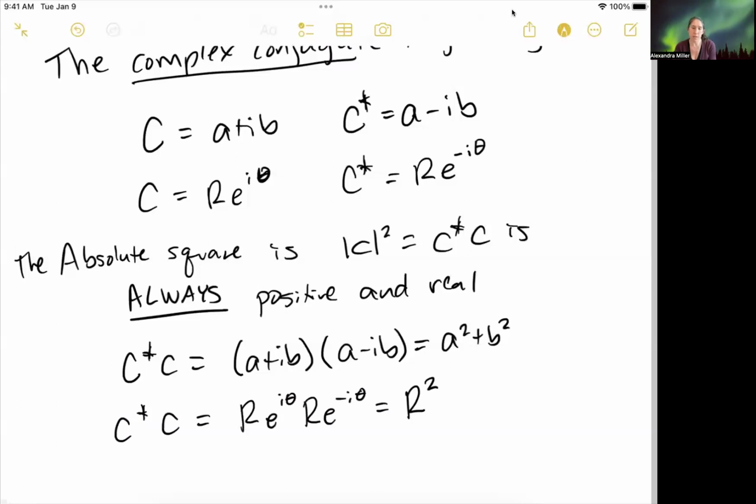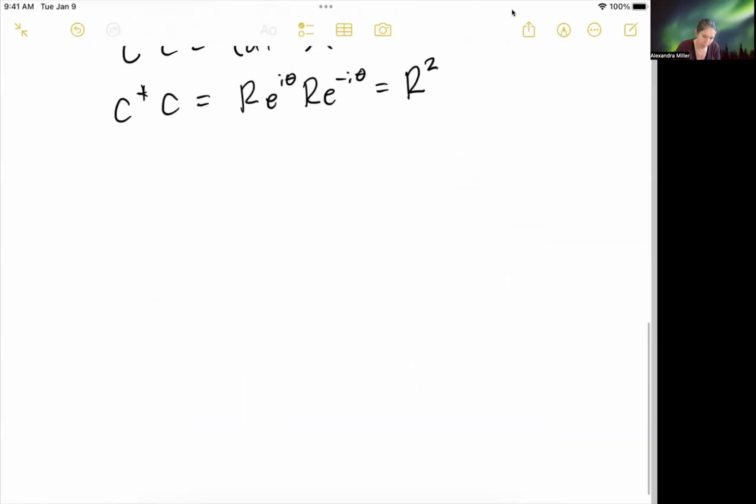And remember, again, r was a real number in our polar form. And of course, it's r squared, so you know it's going to be positive. So for the absolute square, when we're talking about complex numbers, it's always important to remember that you don't just square the number, you have to multiply it by its complex conjugate. So that's going to be an important and useful operation.